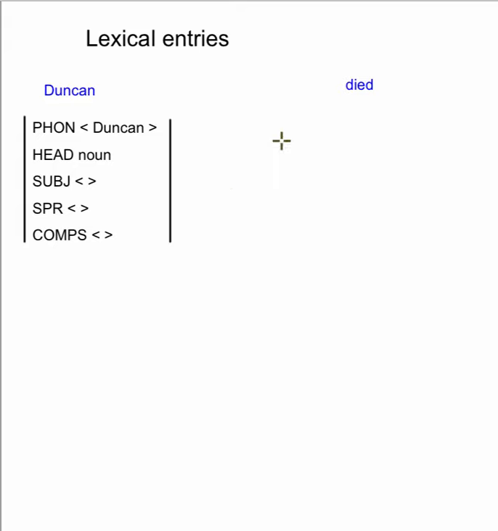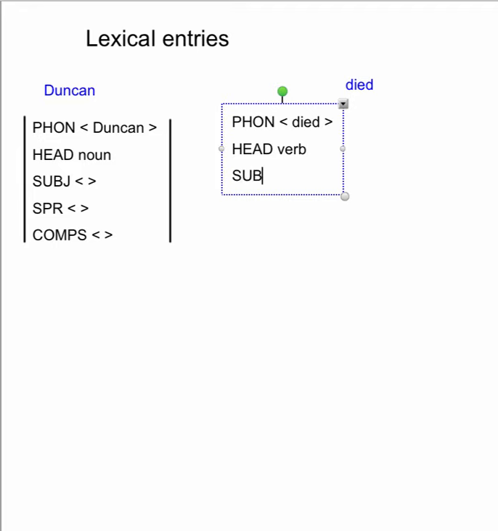Now let's do the lexical entry of the verb died. Got the same attributes or features. So the phonology is died. The head is the part of speech, which is a verb. What about the valence requirements? Subject, specifier, and complements. Died is an intransitive verb, so it needs a subject.